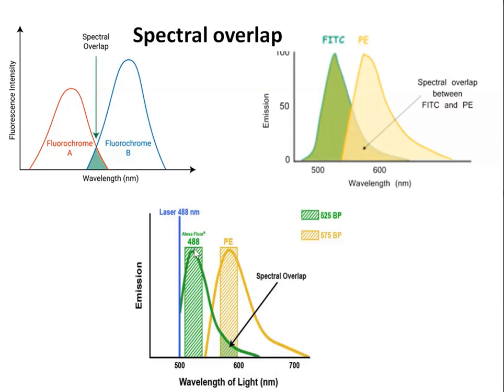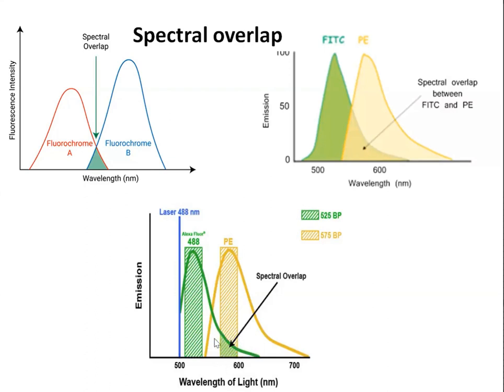Similarly, the Alexa Fluor 488 detector should capture signal only from this particular fluorochrome. But since there is a spectral overlap, a small part of the fluorescence from Alexa Fluor 488 will spill over into the PE detector or PE channel.